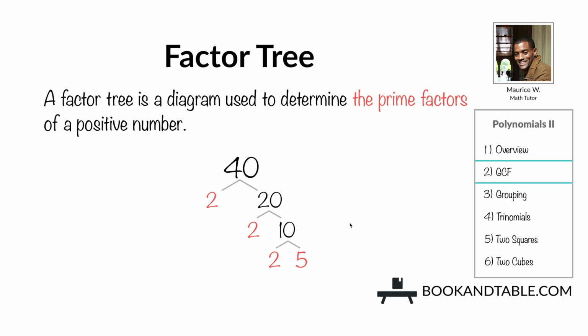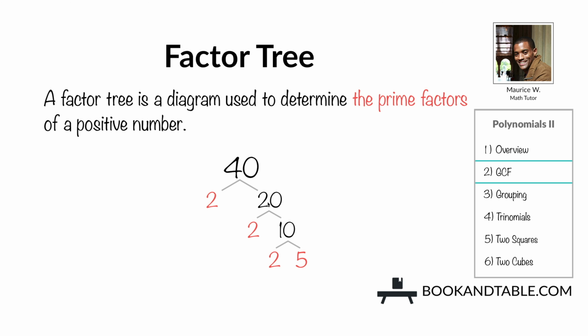Now let's move on to discuss the greatest common factor. To do so, we must first review the factor tree. A factor tree is a diagram used to determine the prime factors of a positive number. So let's say we had the positive number 40, and we wanted to determine the factors of 40. We want to break 40 down until we have all of the prime factors of 40, the factors that cannot be broken down any further. So we have 2 times 20 would give us 40. 2 is a prime number. 20 is not.